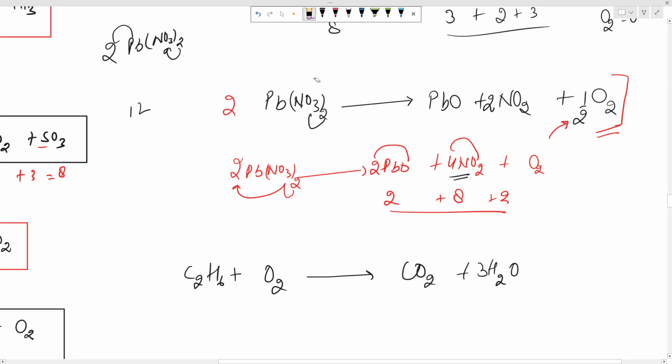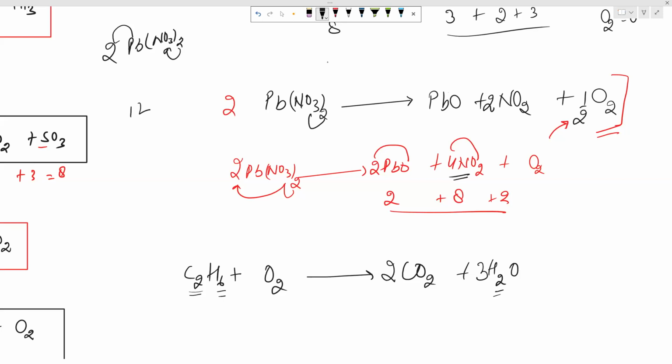Okay, let's try. By what number are you going to multiply this? You will get 2 carbon here, so you multiply by 2, 2 CO2. Here you get 3, and you need to make it how much? 6. So you have to multiply by 3.